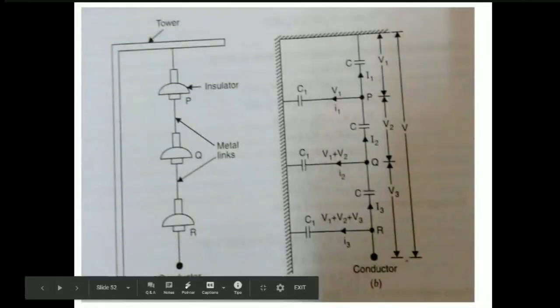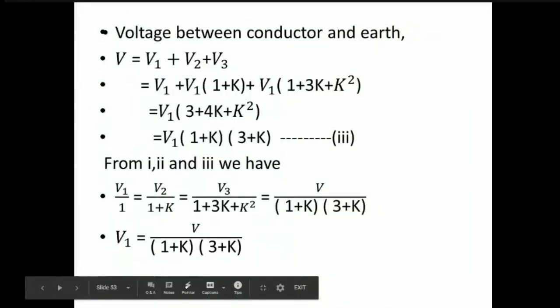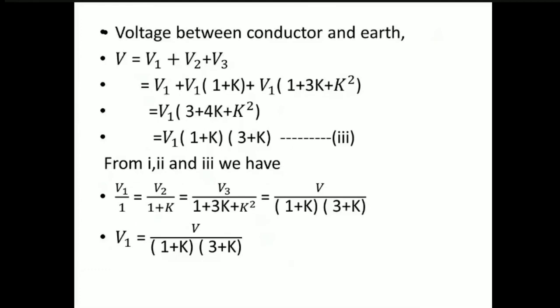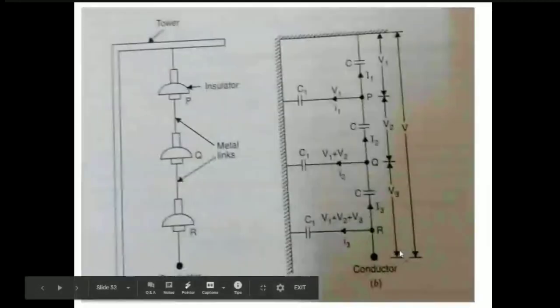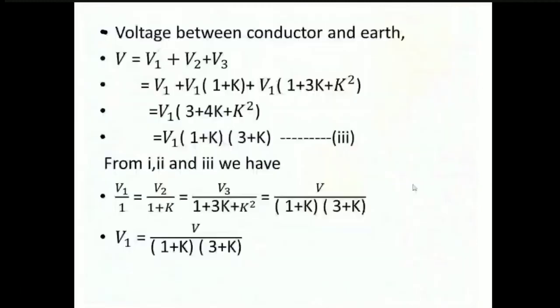Now again, one more node is there, that is R. Between conductor and the earth, we shall consider the voltage between the conductor and the cross-arm or the tower. It is equal to capital V. Capital V can be written as V1 plus V2 plus V3.